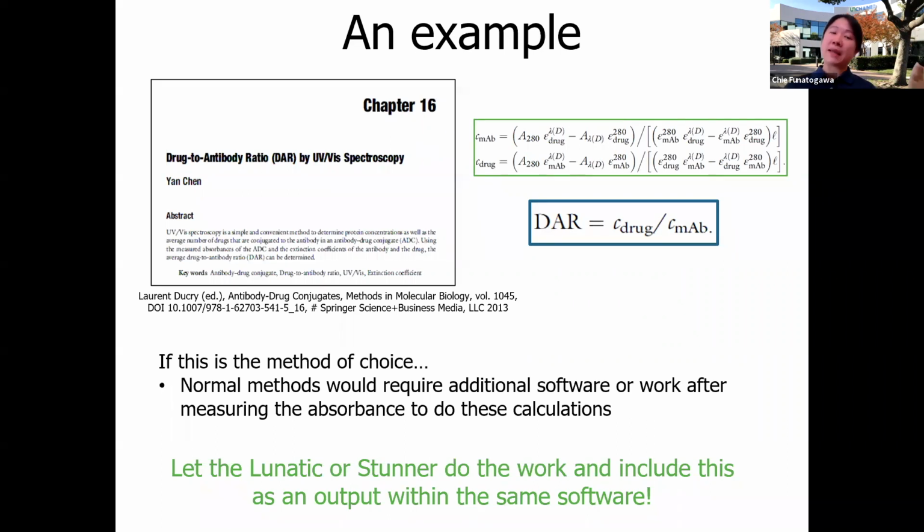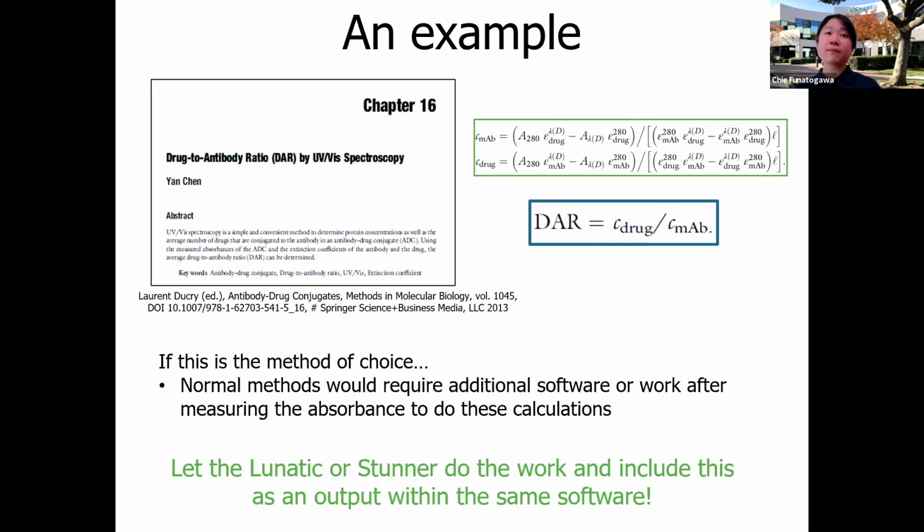So from the antibody, if there's any absorbance from the drug, then you can subtract that out. But when you're measuring the UV-Vis absorption spectrum on a classic instrument, what you would have to do is measure the absorbance of 2 wavelengths, export that out, and then do all of this calculation later in a different computer.